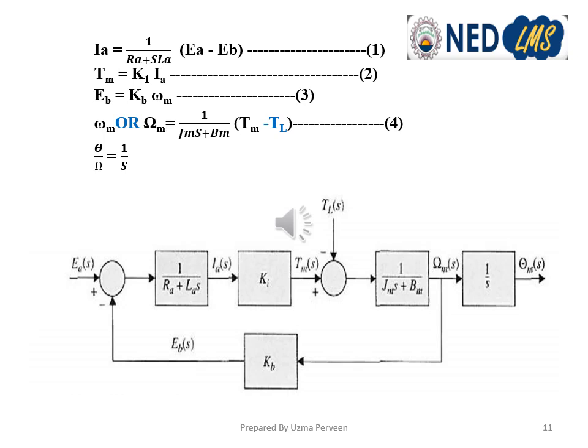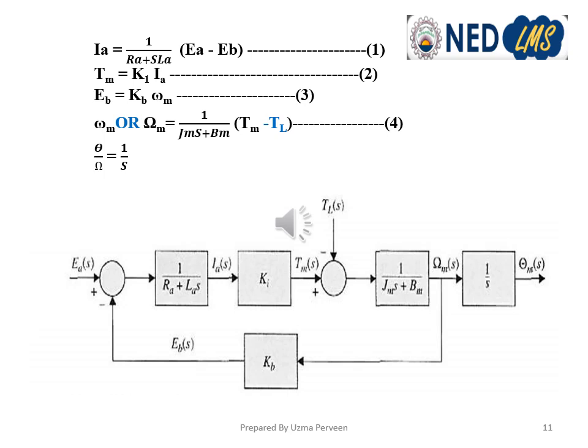So the block is 1 upon Ra plus La s. You can see here that Ia(s) is the output of this block, and the input of this block is Ea minus Eb. With the use of a summer, we have produced Ea minus Eb, and the transfer function in the block is the armature circuit value, 1 upon Ra plus La s.